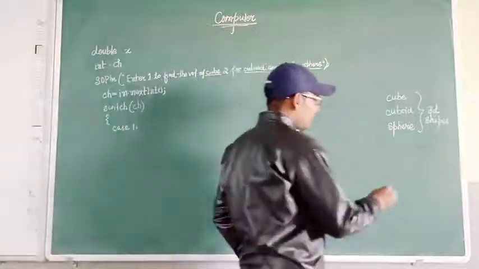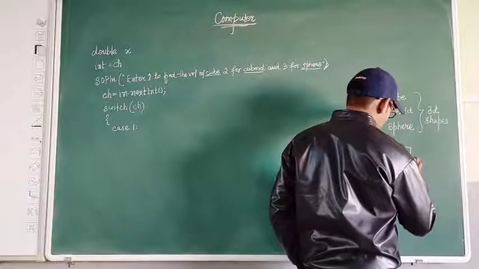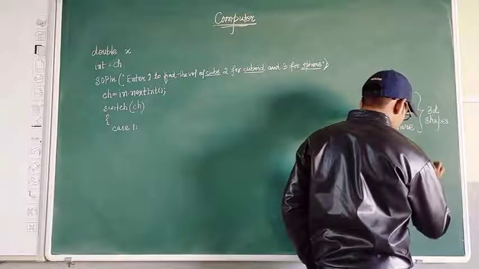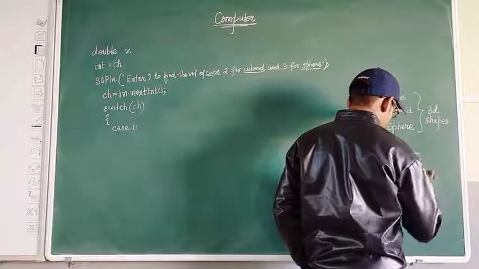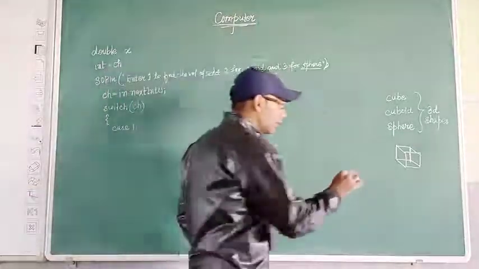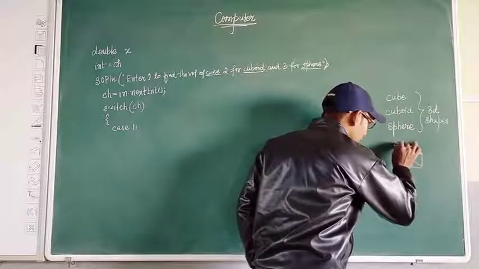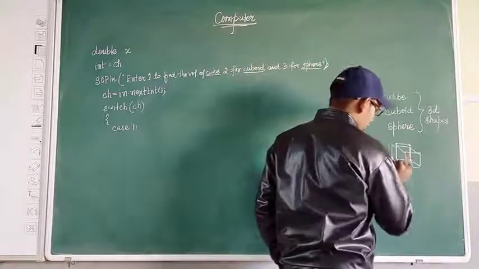Cube is what? Again, I have to give some mathematical knowledge to you. A cube looks something like this. All sides are the same. Do you know what sides are? Sides are this thing or this thing.